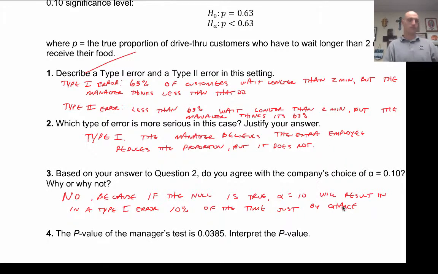Okay, so they should use a smaller value because we don't want it to be that high that this could occur just by chance. So they should use a smaller alpha value.